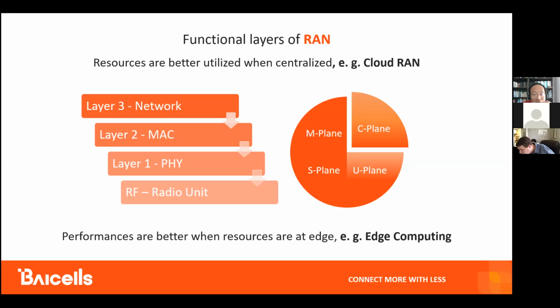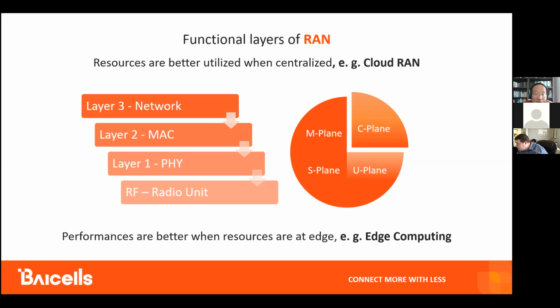These are an oversimplification of the network protocol stack as far as wireless communications is concerned. For example, layer 2 MAC, actually in a wireless communication, there's more than just MAC functions. But this is a simplification of how Open RAN functions were split on a protocol stack layer.